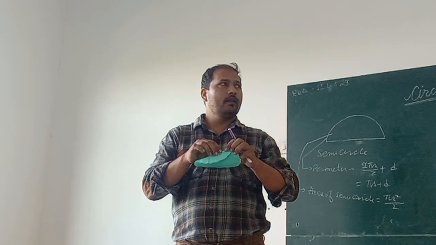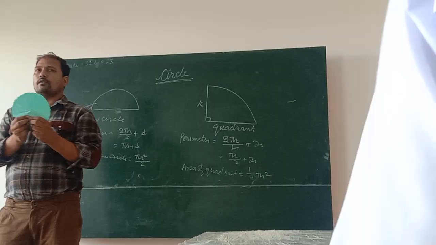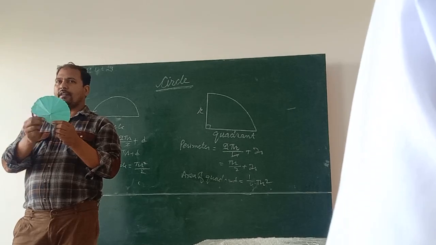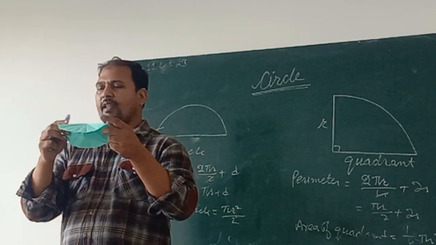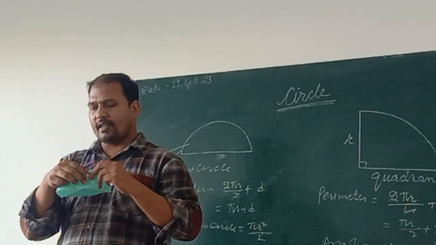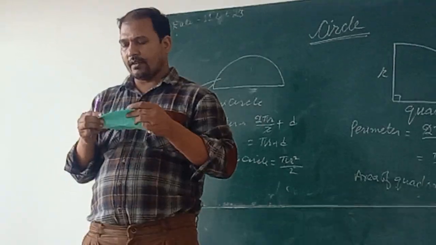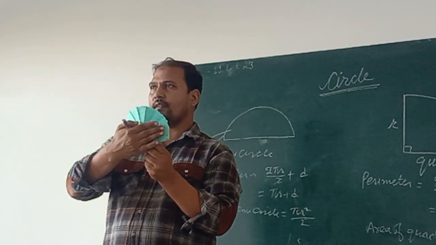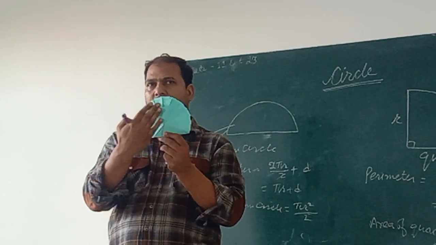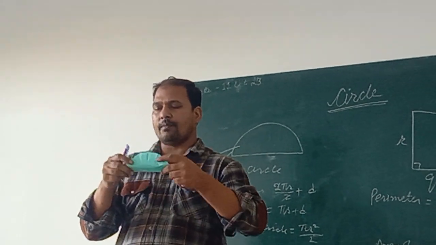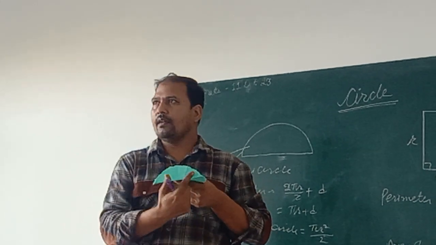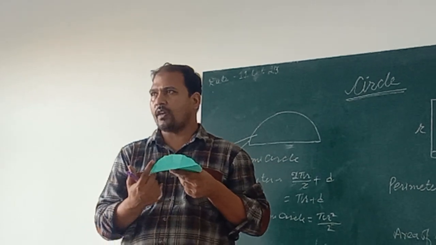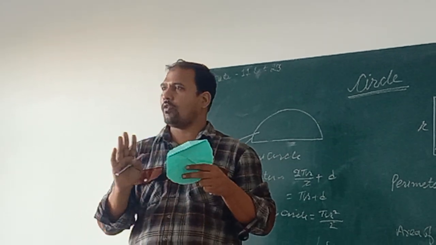One is the major segment and the other is the minor segment. If you observe this part only, that is the minor segment. Major segment and minor segment, I think you are clear.